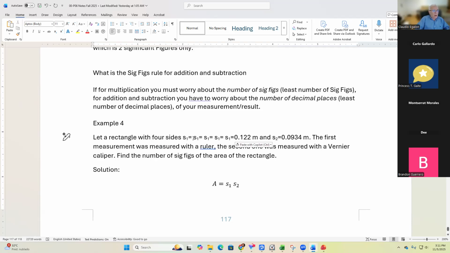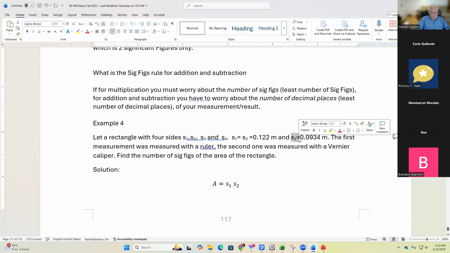Like that, a rectangle with 4 sides, S1, S2, S3, and S4. S1 is going to be equal to S3.